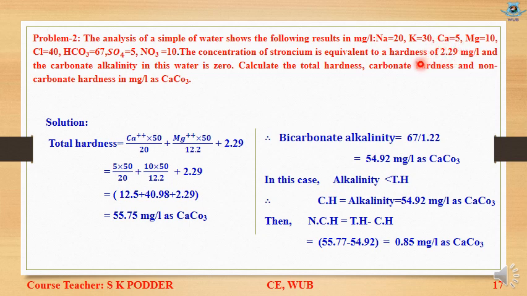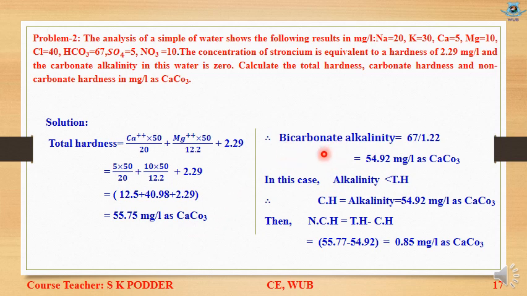That means there is no need to find the equivalent weight of strontium, because the value is already given, 2.29. So you can just add this portion for total hardness. After calculation, total hardness is 55.75 milligram per liter as calcium carbonate.